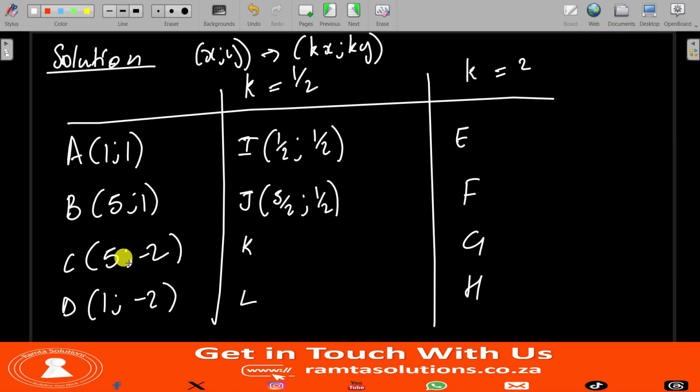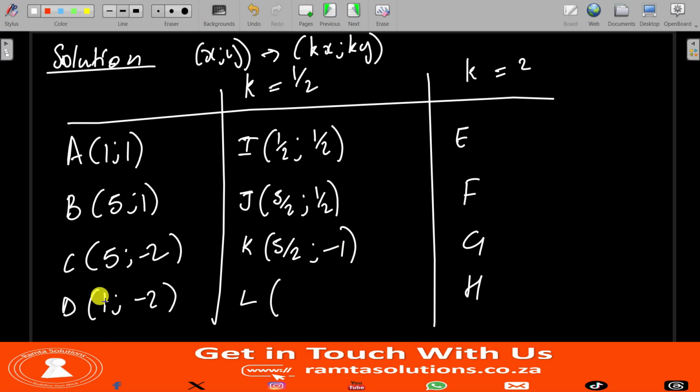This one is 5. 5 multiplied by half will be 5/2, which is 2.5. 1 multiplied by half will be 1/2. Remember, y value multiplied by K. Our K is half, so half multiplied by -2 will be -1.